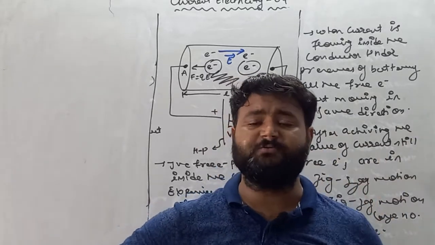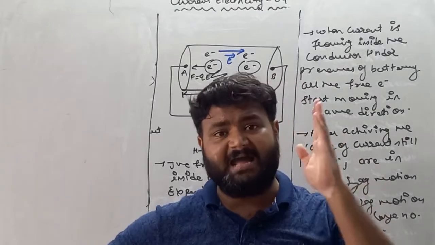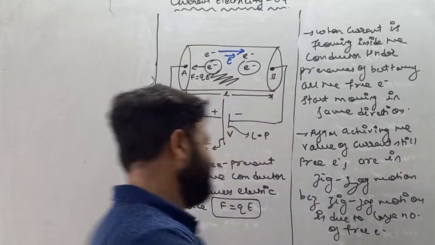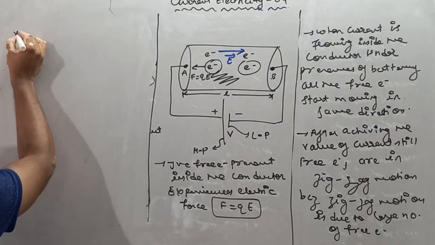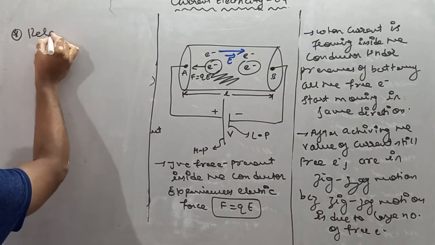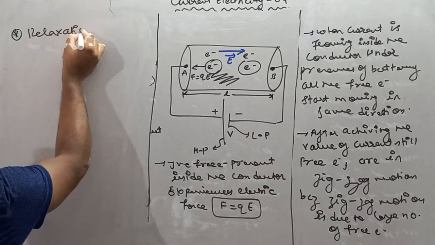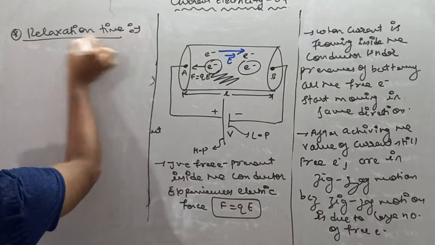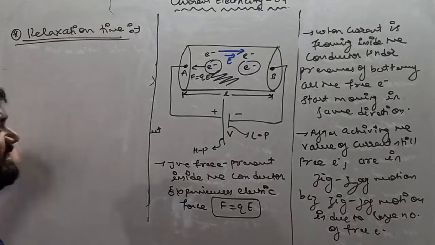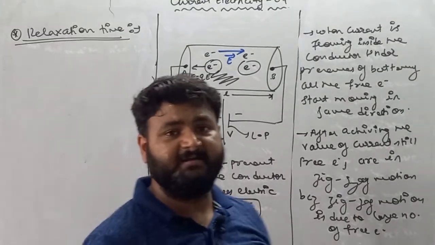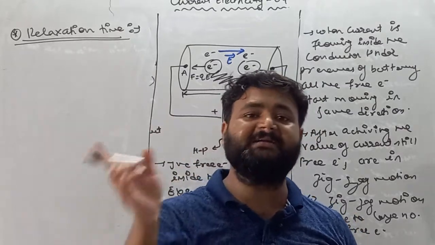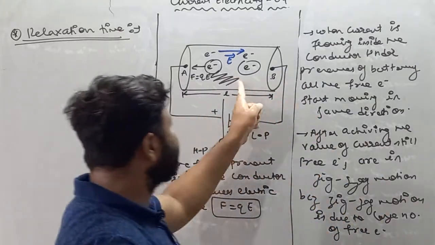So what we'll do, we'll take an average time of collision between two free electrons. That average time of collision is said to be relaxation time. So what is relaxation time, my dear student? The average time of collision between two free electrons present in a conductor.